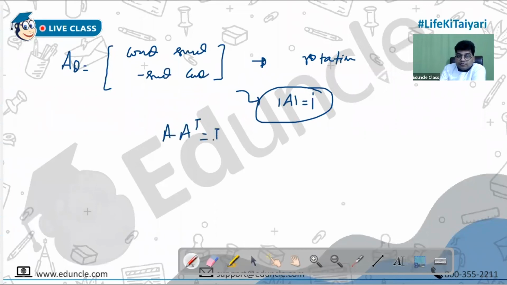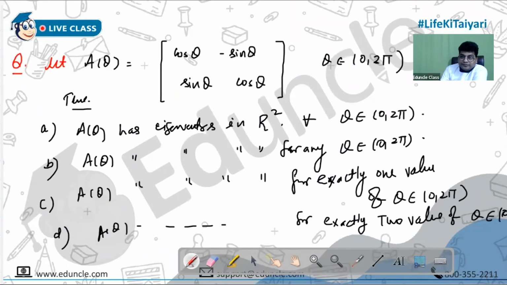A transpose equal to I. Okay. Yes or no? Orthogonal matrix. Now what you can say about this? This is also orthogonal. Check: if A is orthogonal, A transpose is also orthogonal. This is A transpose.